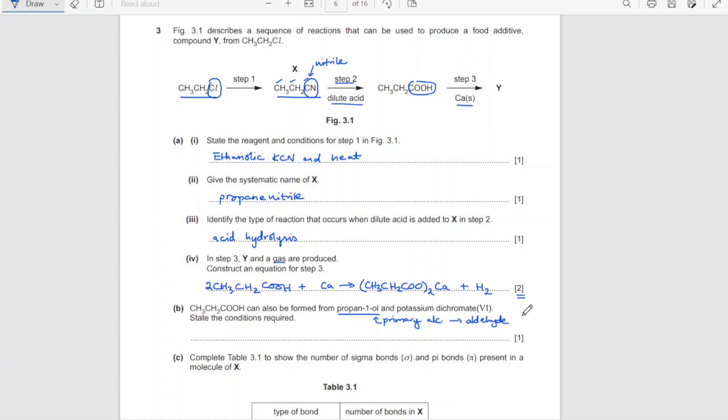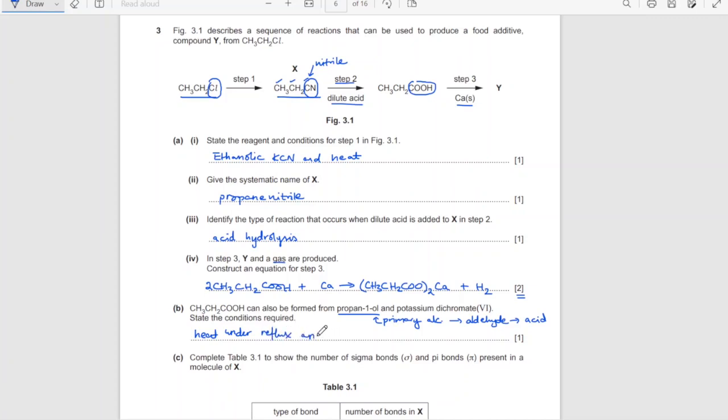But if you want to continue all the way to carboxylic acid, you need to heat under reflux. So the condition over here will be heat under reflux. Not just heat, has to be under reflux so that the complete oxidation takes place.